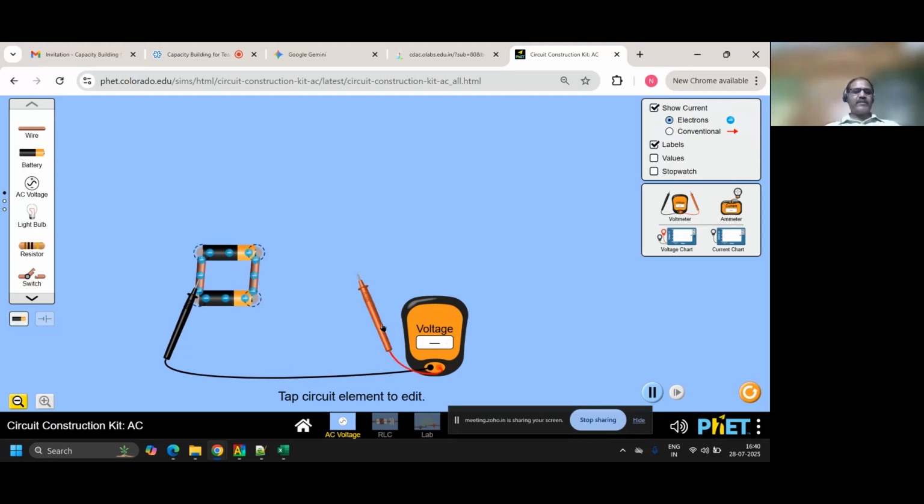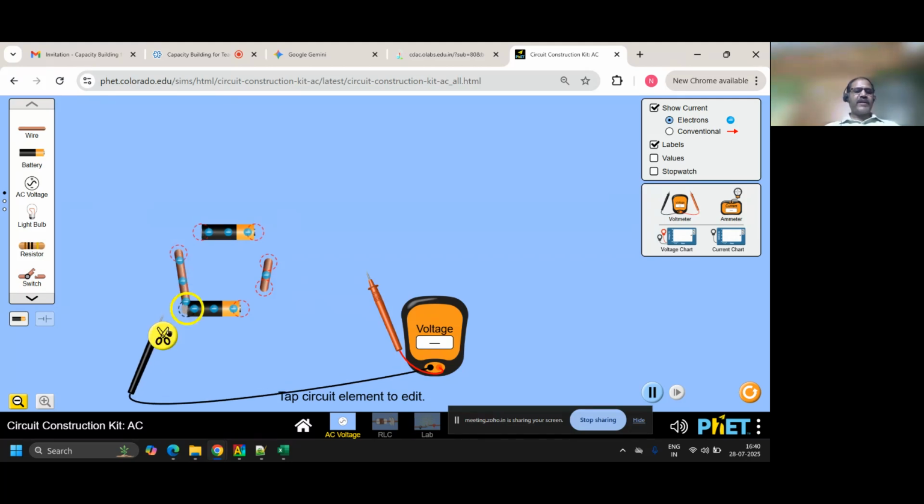Whereas if I connect two batteries in series, then it will be 9 plus 9, 18 volts. Okay. Now I remove it, just press the delete button or this symbol. Select that object, remove this object. Now I connect these two batteries in series connection. So this is the basic parallel and series connection of batteries.